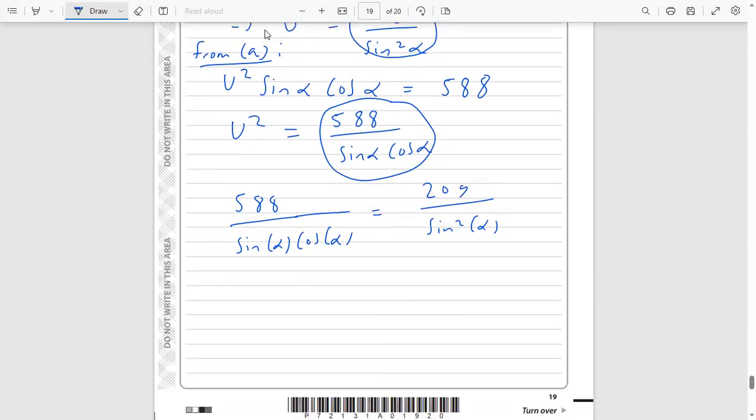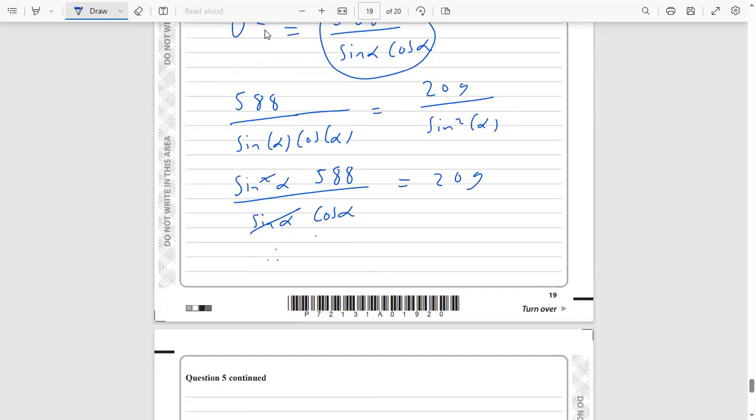If we times both sides of the equation by sine squared alpha, we get sine squared alpha times 588 over sine alpha cos alpha equals 20g. As you probably noticed, one of the sines will cancel out. So therefore, sine alpha over cos alpha times 588 is equal to 20g.